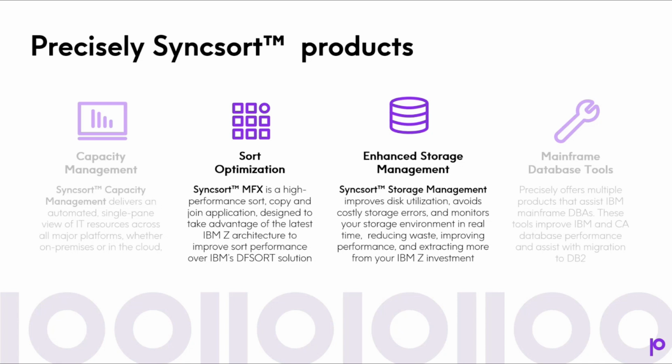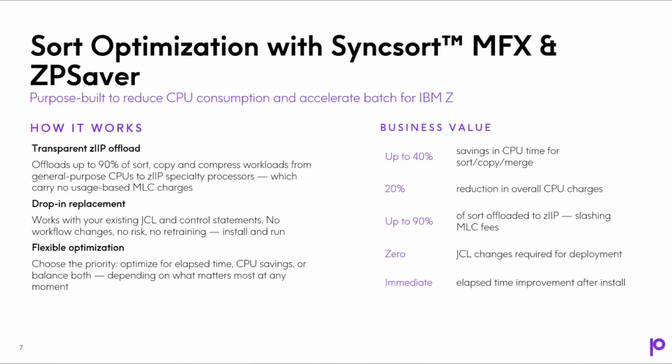Let's go a little bit into each of these. Let's start with sort because this is usually where customers see the fastest impact. There are 3 things that I like to highlight here, which are kind of like foundation. First is the zIP offload. This is really where the cost savings come from. You're moving sort processing off of general purpose CPUs and onto zIP, which basically means you're not incurring those usage based charges.